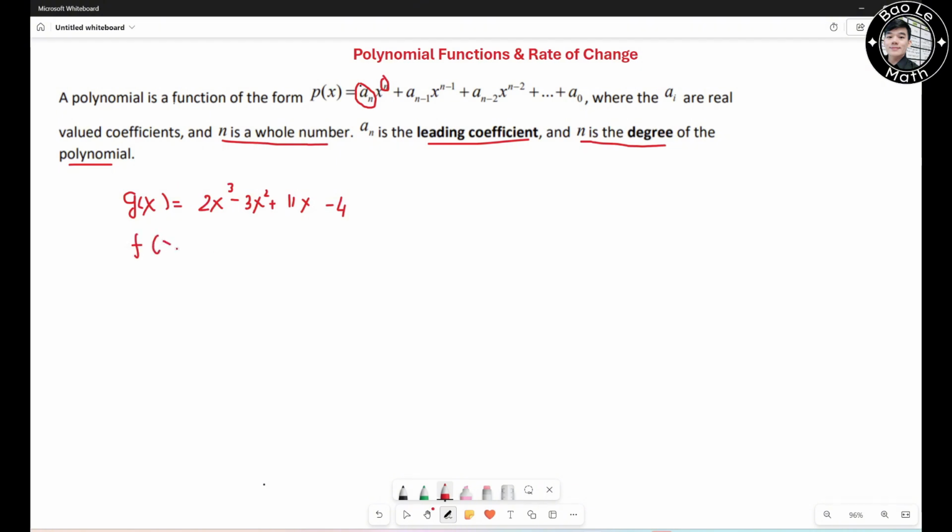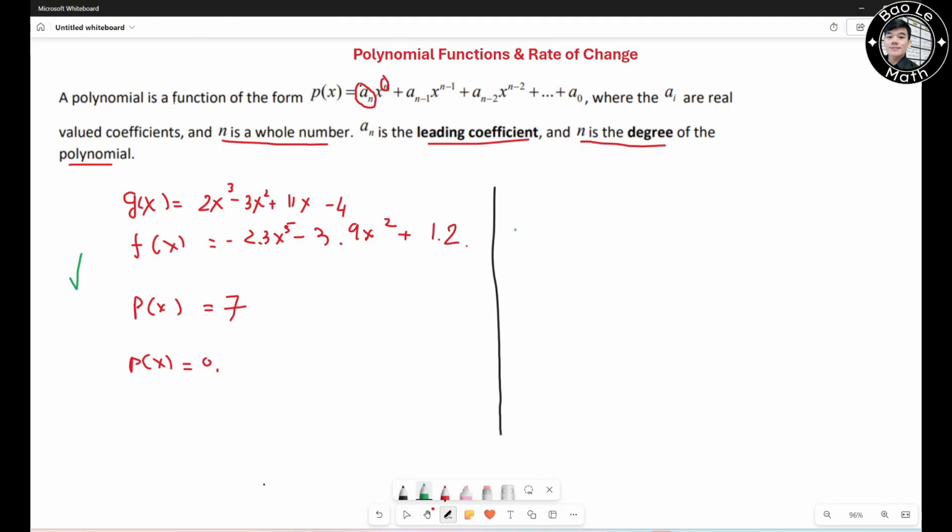Or f of x is negative 2.3 x to the fifth minus 3.9 x squared plus 1.2. P of x is just a number, 7. P of x is 0. So these are polynomial functions. The following are not polynomial functions.